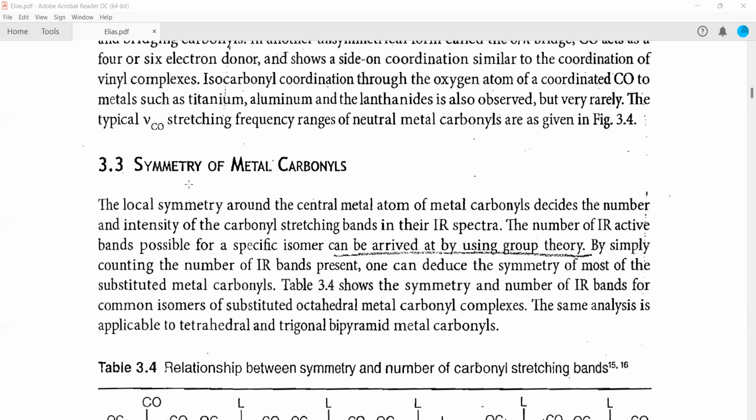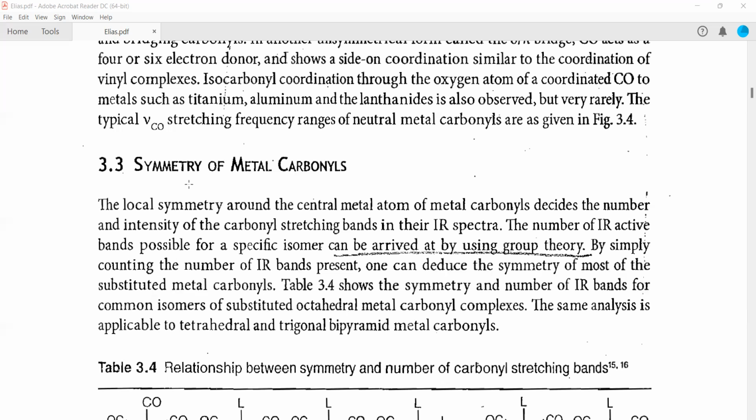That comes from the symmetry of the metal carbonyls. Suppose in your complex you have three carbonyls, and all three have different symmetry. The symmetry of the molecule is such that the three carbons are differently oriented and have different electronic properties. They're not similar.